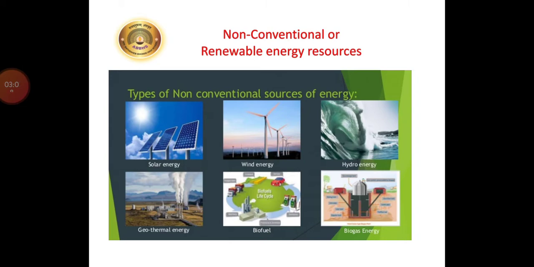Observe this picture. The examples of non-conventional energy resources are solar energy, wind energy, hydro energy, geothermal energy, biofuel energy and biogas energy. Let's learn in detail one by one.